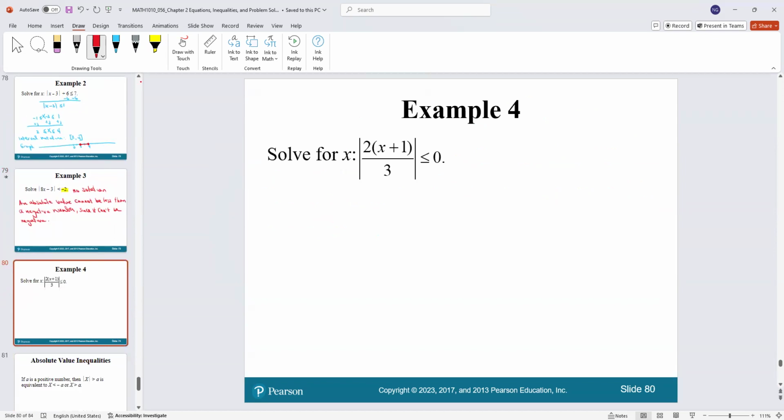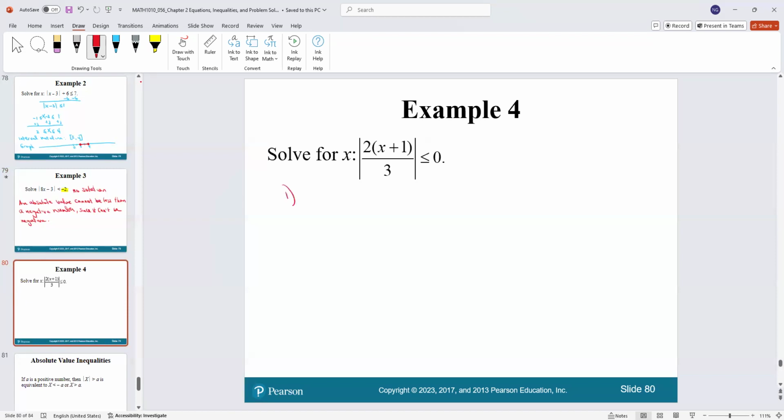So we solve for x in this one. That's an absolute value that's less than or equal to 0. The absolute value of any expression will never be less than 0, so I don't need to do two sides.